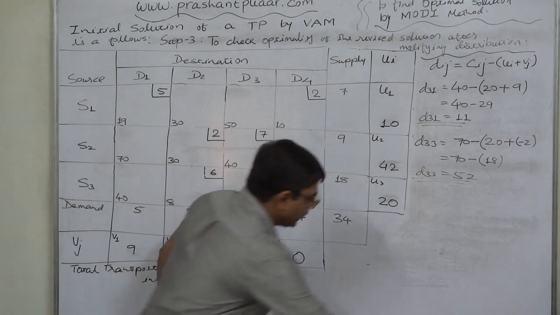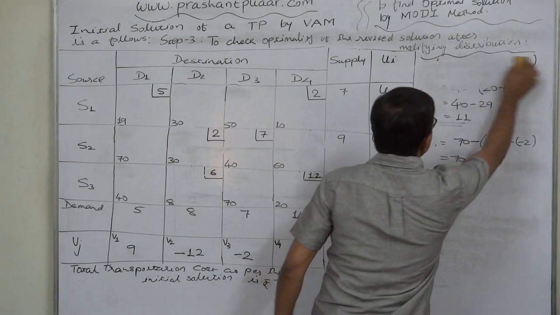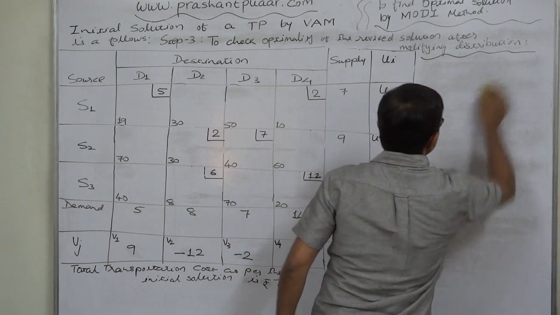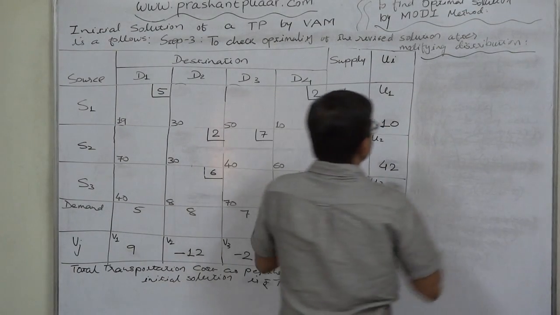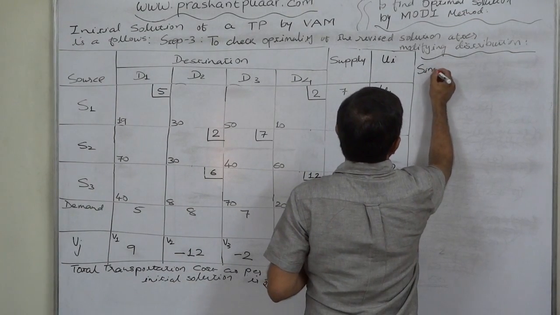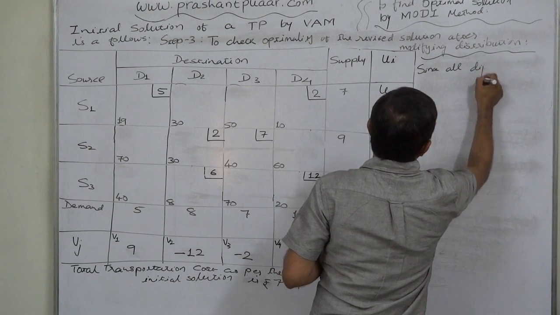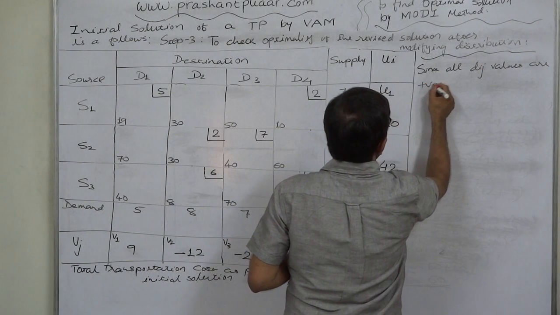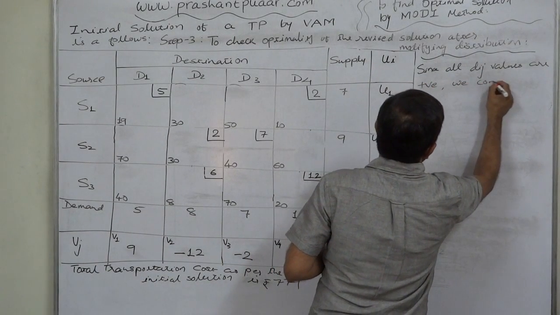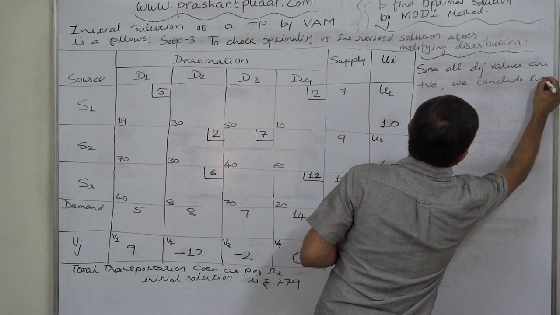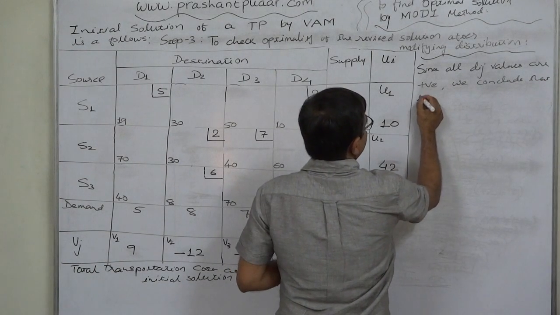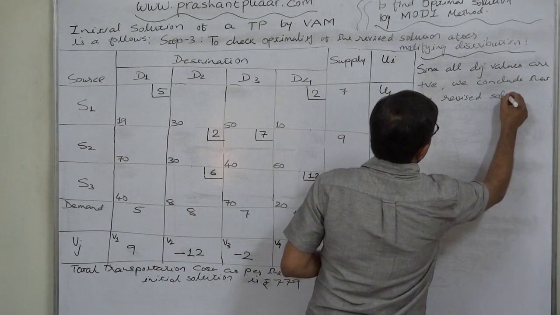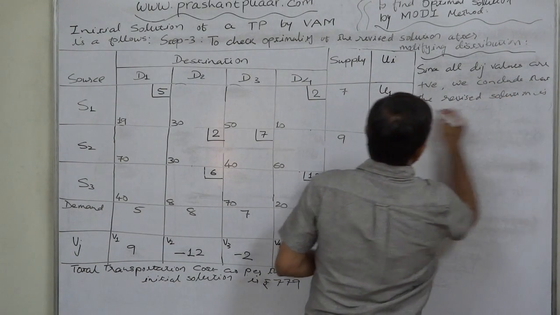So we conclude that the revised solution is optimal solution because all Dij values are positive.